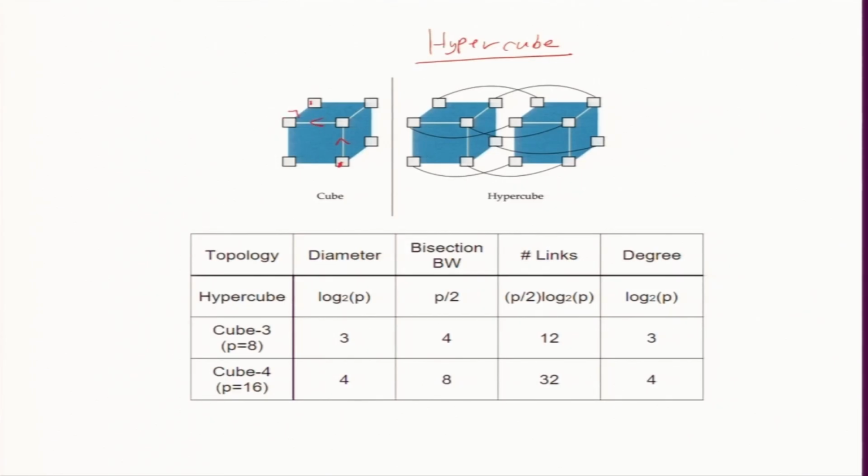Okay. So, log 2 of 8 is 3. Okay. And so, I think these numbers I will not discuss them, it is pretty much straightforward, but I want to tell about hypercube. Okay.